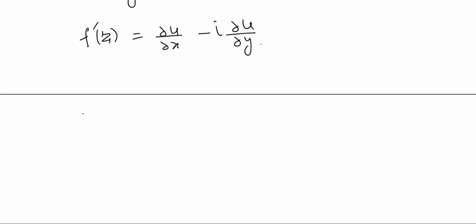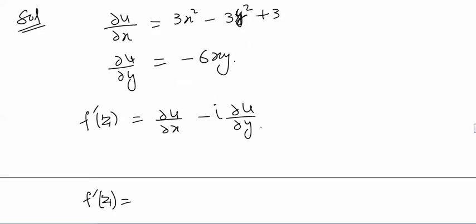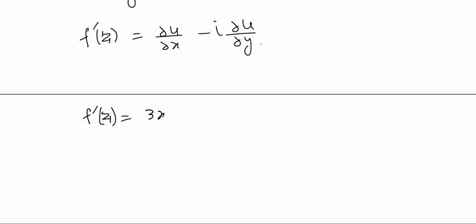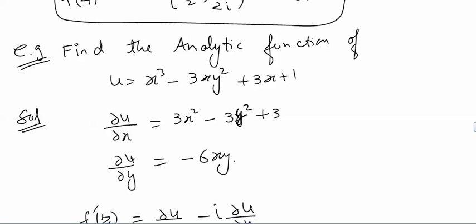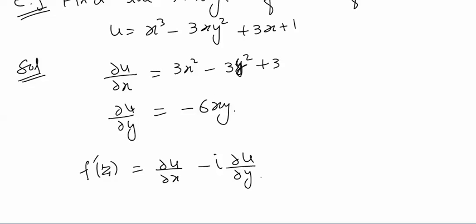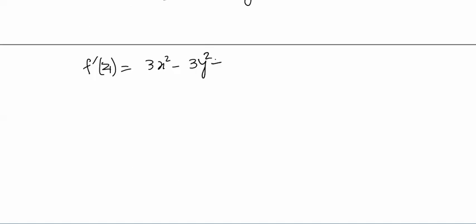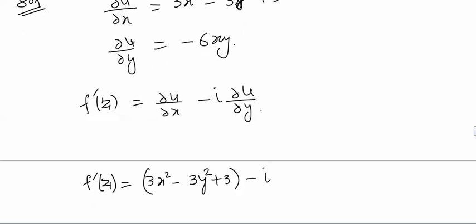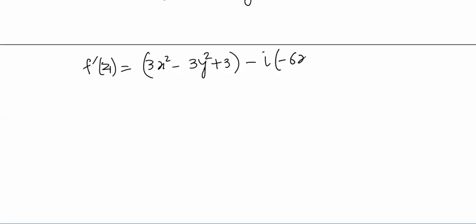So f'(z) is nothing but 3x² − 3y² + 3 − i times (−6xy).